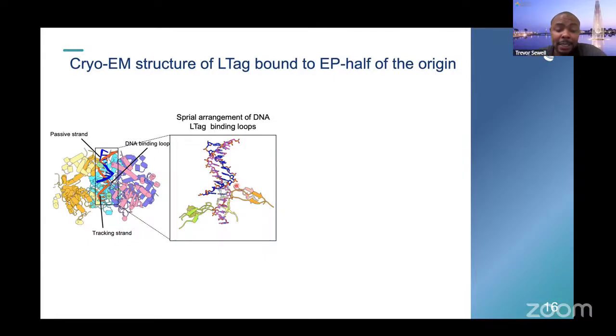And then this staircase conformation was incompatible with double-stranded DNA in the channel. So we have double-stranded DNA from the top until the middle of the channel, and then suddenly we lost density of the second part of the DNA strand.